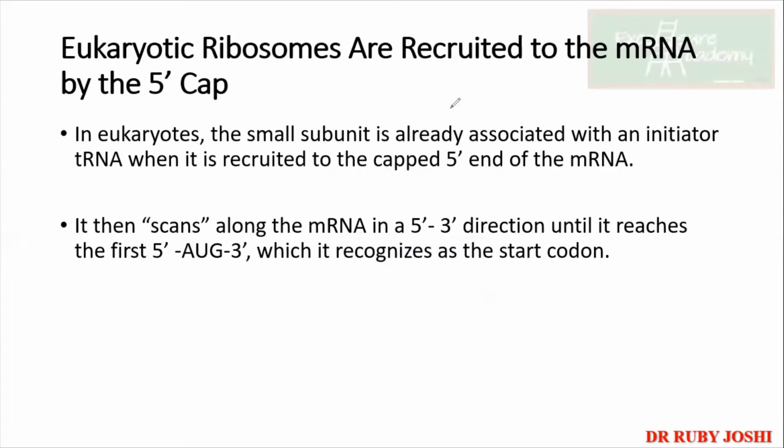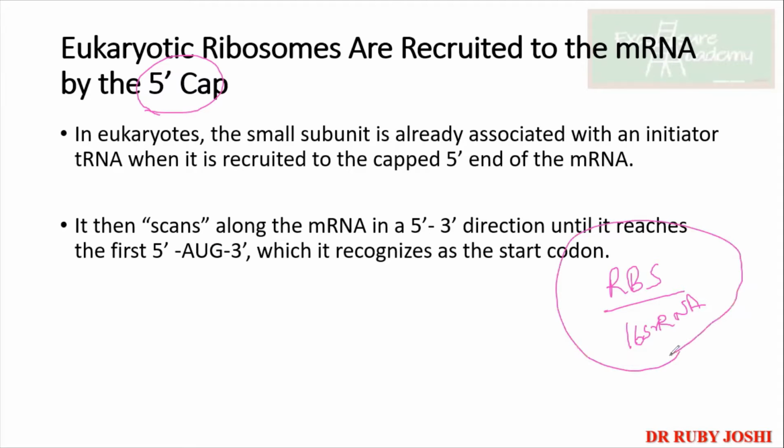The first thing in eukaryotes is that eukaryotic ribosomes are recruited to the mRNA by scanning the 5' cap. In contrast to prokaryotes, where they scan for the RBS, and until the RBS forms a base pair with the 16S rRNA, the initiation complex is not formed.